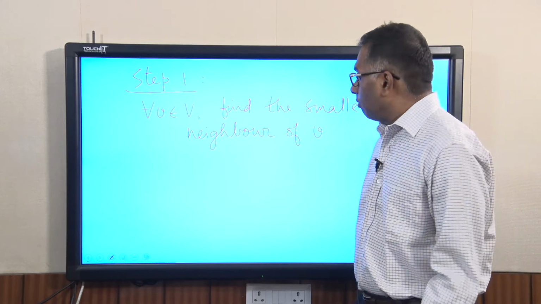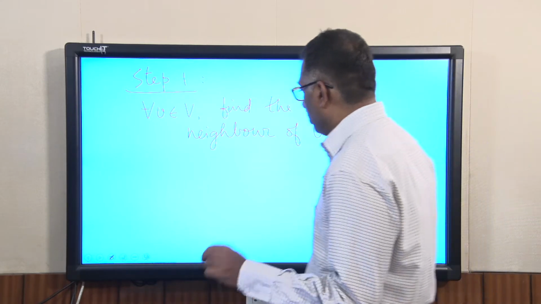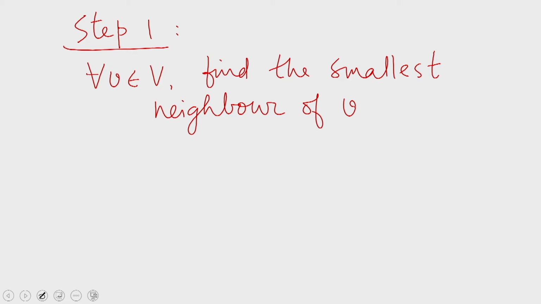But how would you find the smallest numbered neighbor of V? We can do this by using pointer jumping on the adjacency list of vertex V.